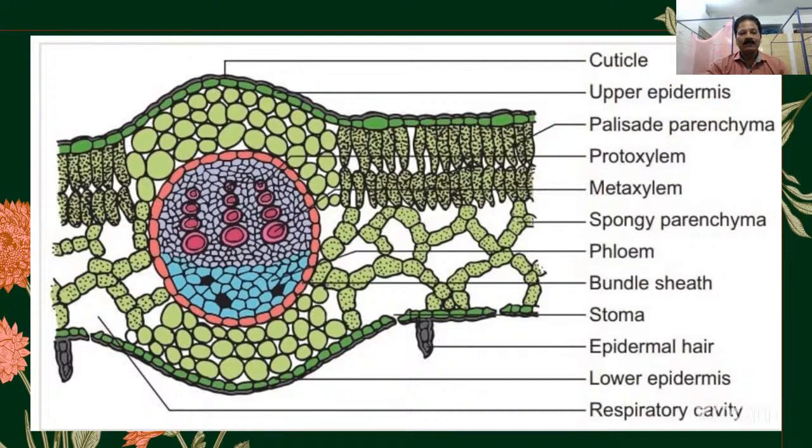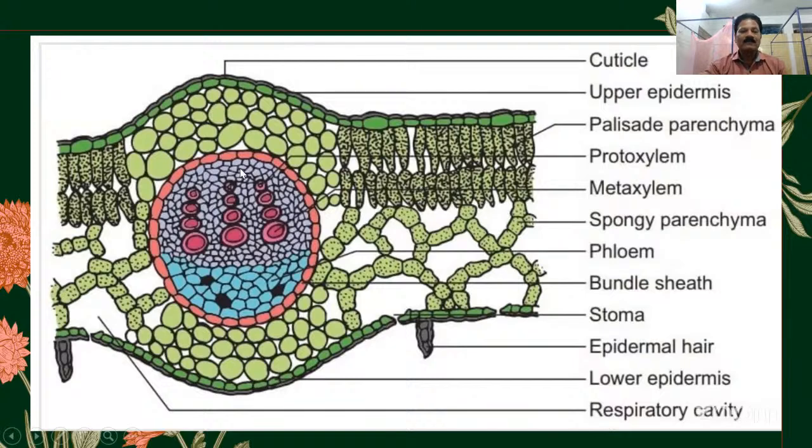Meso means middle, phyll means leaf. Between the two epidermal layers, a simple chlorenchymatous tissue will be seen. In Greek, meso means middle, phyll means leaf. This is the middle portion of the leaf. So this is mesophyll. This is the second part.